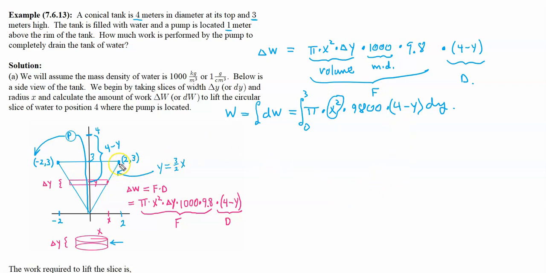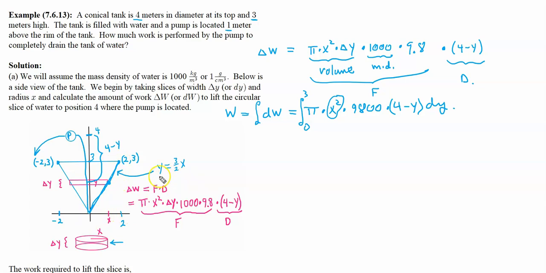Okay, well, if we look back at our drawing here, you see that curve right there. That will allow us to determine a relationship between x, the radius of this disk, and its location y on the y-axis. Well, the equation of this line, you notice we have a rise of 3 and a run of 2.